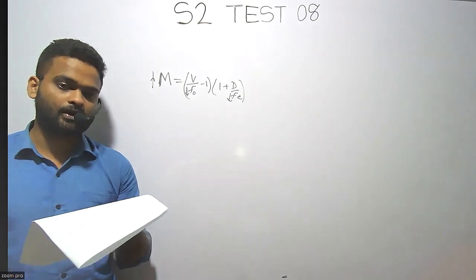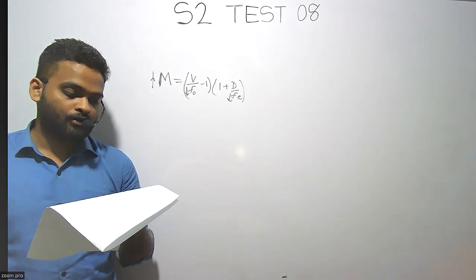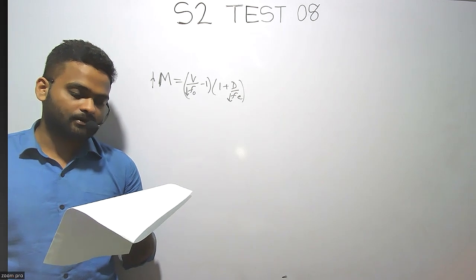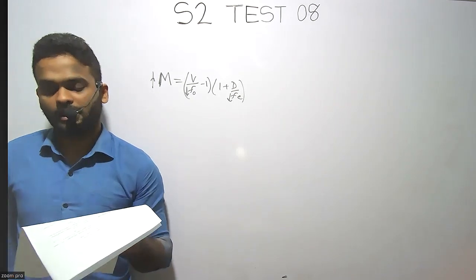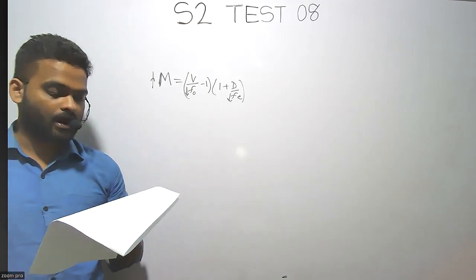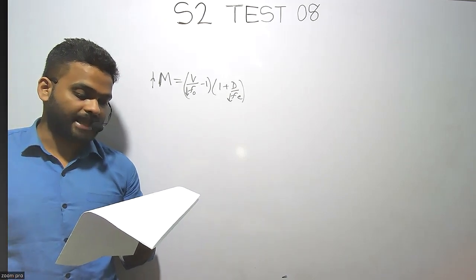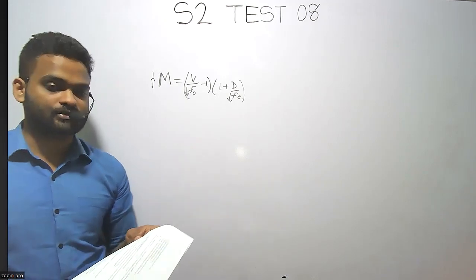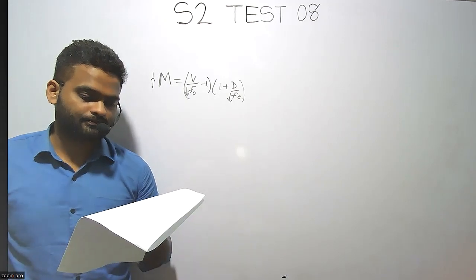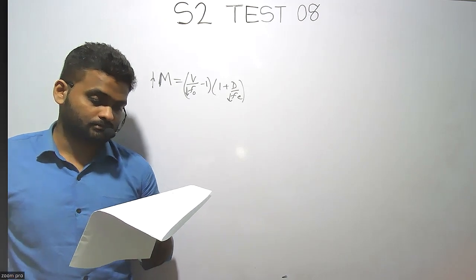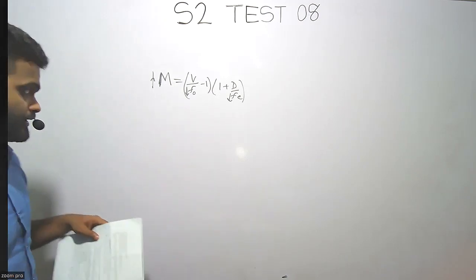Right, 12th question. When the eyepiece of a telescope with least angular magnification capital M is replaced by a lens of half the focal length, its angular magnification is... So for this one also you need to remember the angular magnification. Least angular magnification, right?